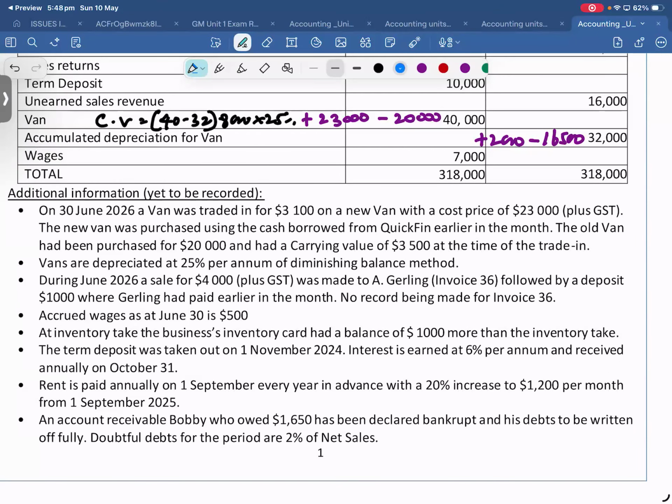So the deposit happened first, right? But however, the selling price is 4,000.